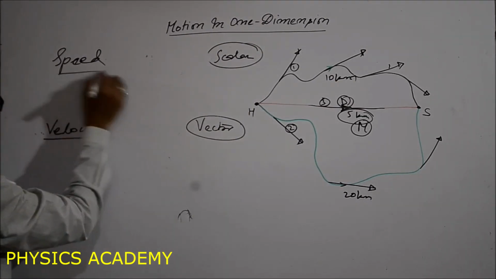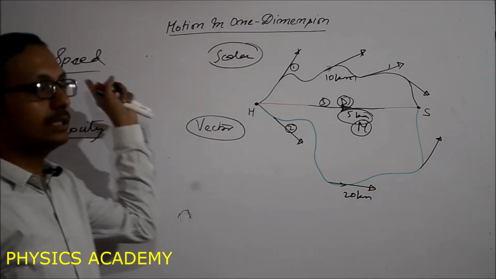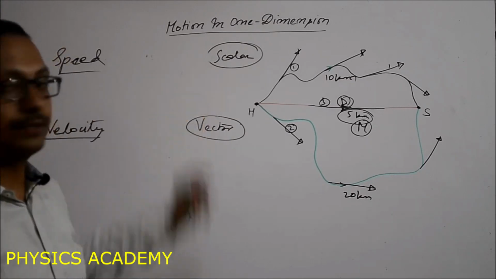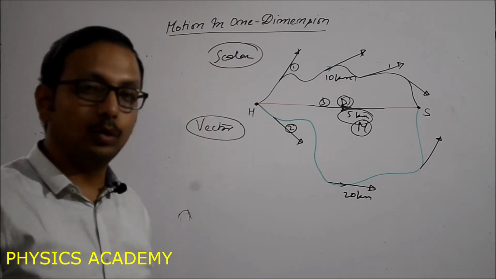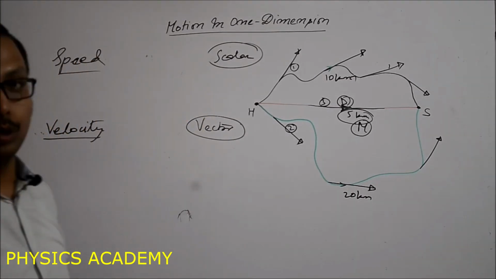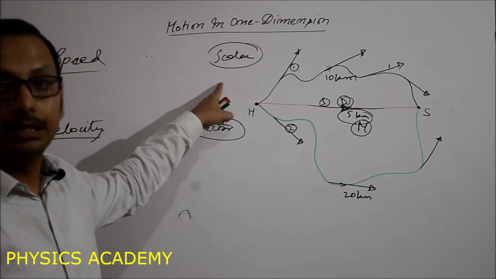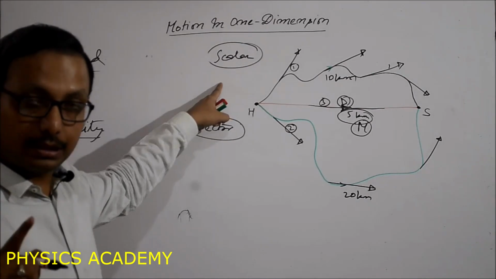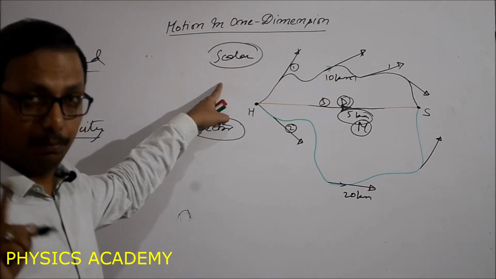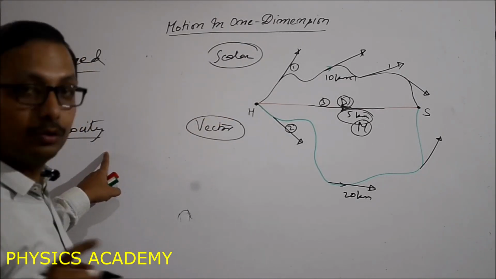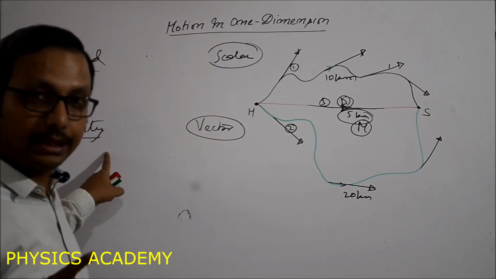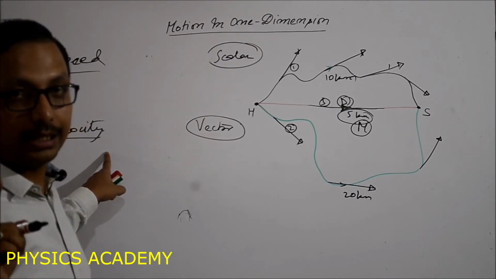Now again, if you see here, I have already written speed in the same line of scalar. Yes, speed is a scalar quantity, velocity is a vector quantity. Now that means it is very clear, speed is having this magnitude but no particular direction, while velocity is having magnitude as well as direction.